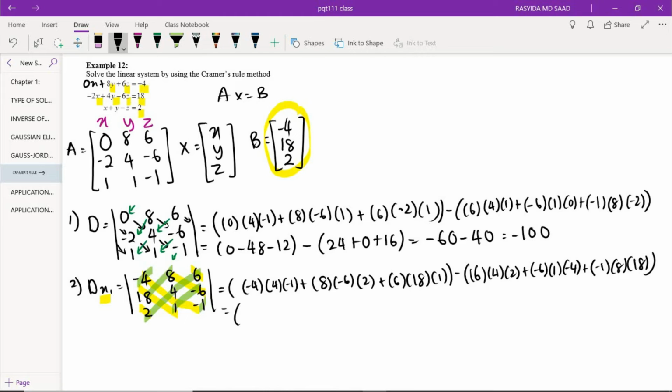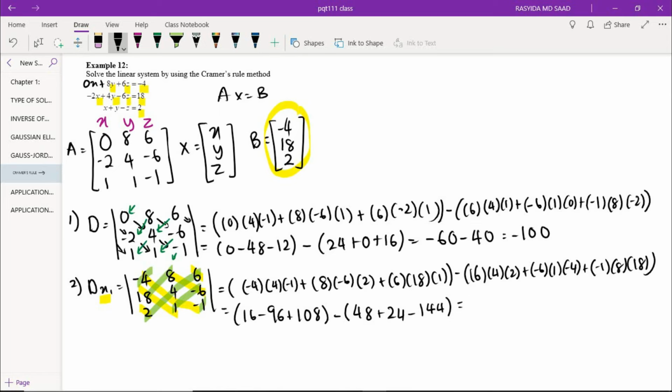Negative 4 times 4 times negative 1, it will be 16. 8 times negative 6, negative 48, times 2, negative 96. 6 times 18, 108. Minus 6 times 4, 24, times 2, 48, minus positive 24, and then 8 multiplied by negative 18, negative 144.